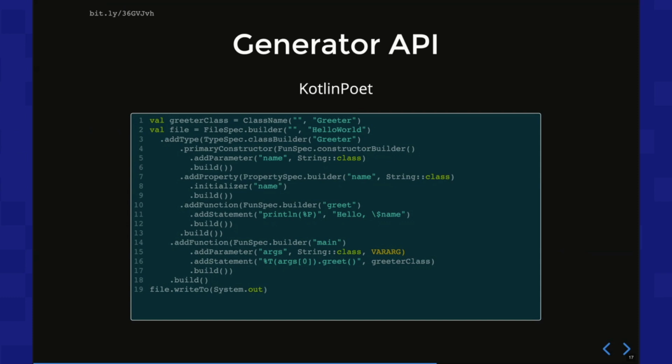You declare the files that you want to generate, declare the types that you want to add in them, the methods and everything. You write the statements, and the nice thing about it is that if your logic is pretty complex, it takes care of handling the imports of the types and some formatting.